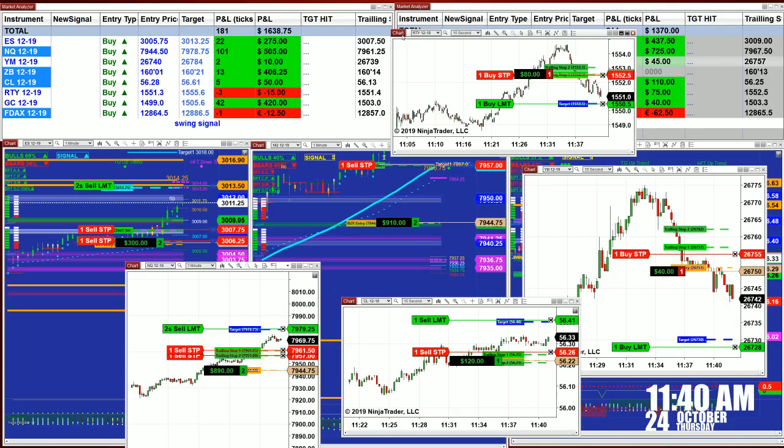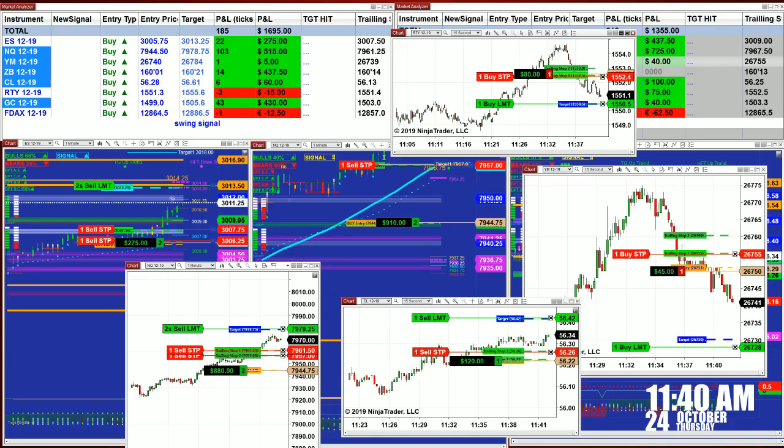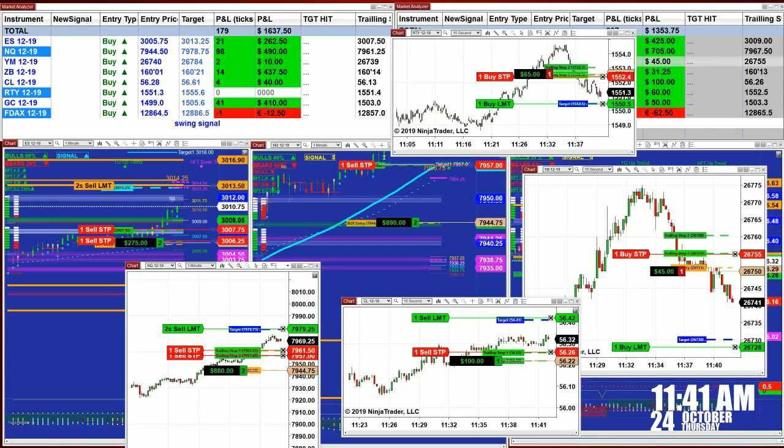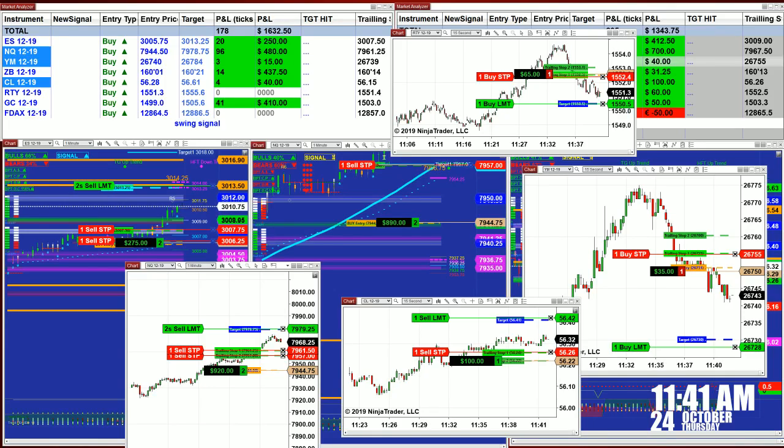And we are about to close the Russell. We are a few ticks away. And the YM is taking the early direction to the short. And there we go.